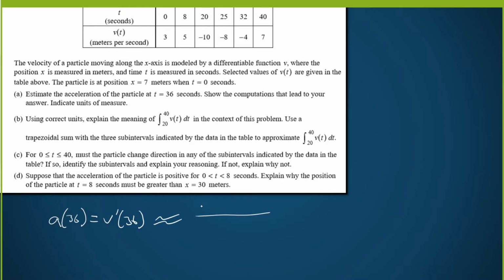So that's v40 minus v32 over 40 minus 32, the 2 points around that I have.